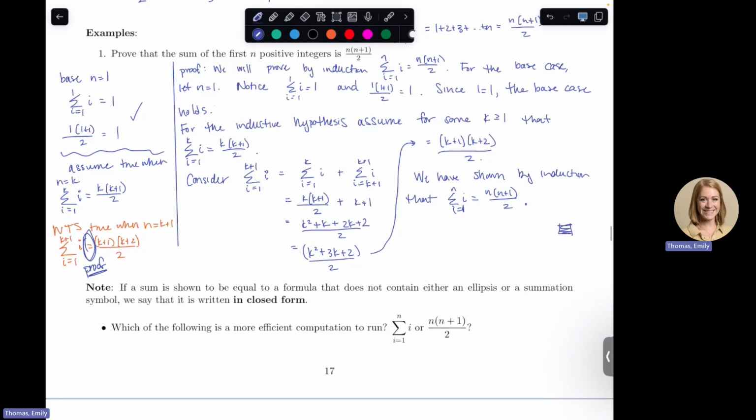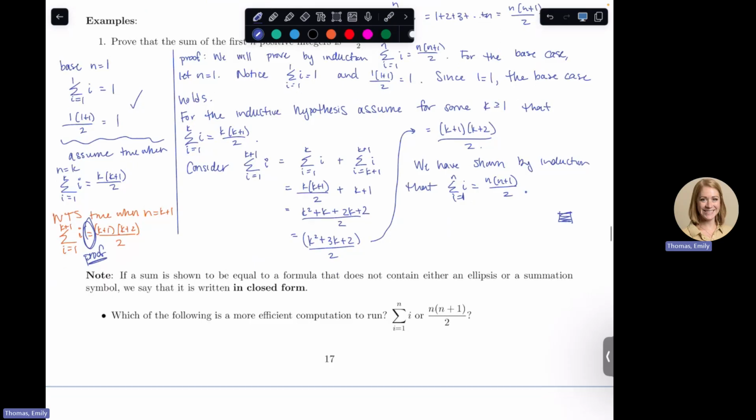Cool. Okay. Not having to run the summation up to the 700th digit instead of just plugging in 700 is easier, right? So whether we are computers or humans, which we are humans. All right.